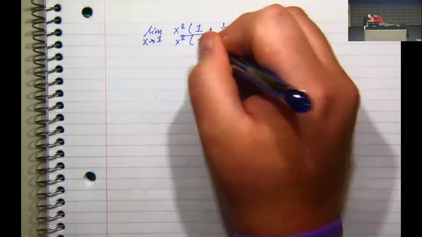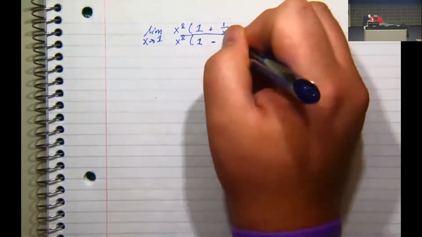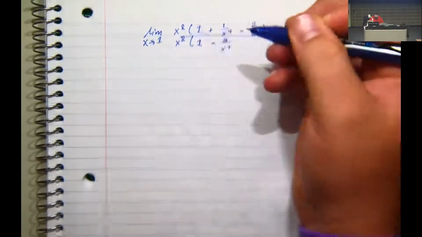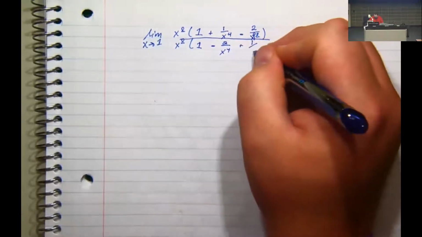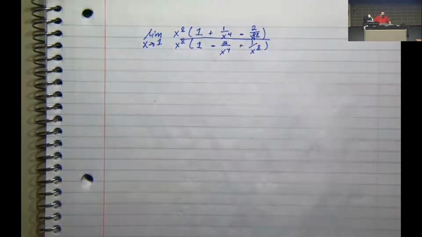Uh, 1 minus 2 over x to the 4 plus 1 over x to the 8. So what would you do after this step? Yeah, it still ends up being the same thing, unfortunately.